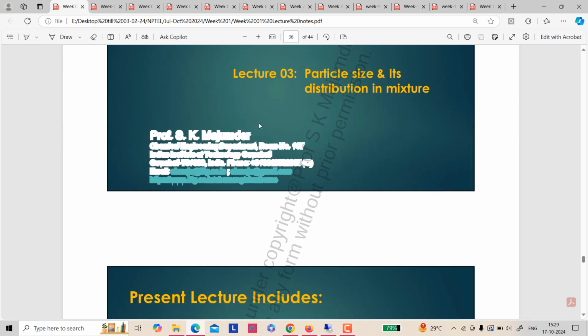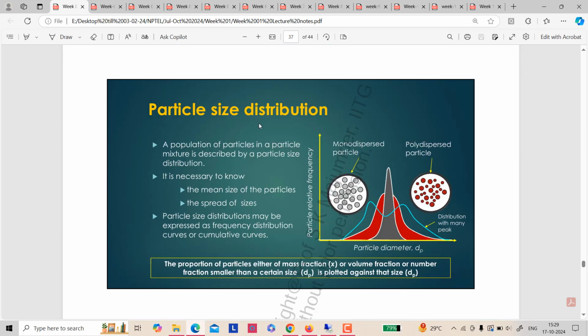Then the last chapter of the first week was the particle size distribution. When the particles are monodispersed, these are the shape of the monodispersed particles. That means all the particles in that region have almost the same average diameter. And this is the polydispersed particle, where different shapes of particles are together.